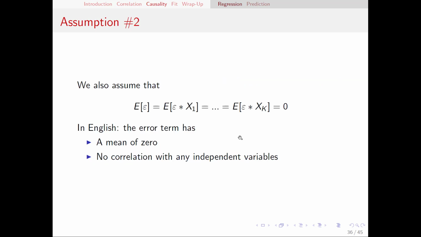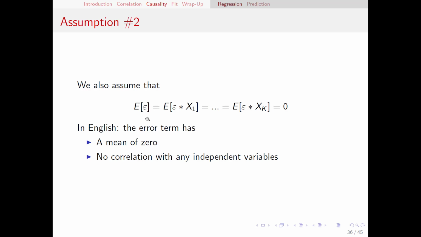Assumption number 2 is one of the most important things to talk about in all of regression analysis, and one that does not get talked about enough. Assumption number 2 states two things. First of all, the expectation of epsilon is 0. This means that in the population, the error term epsilon has a mean of 0. Sometimes it's positive, sometimes it's negative, but on average it is 0.